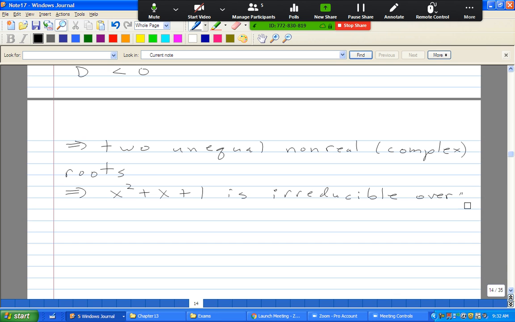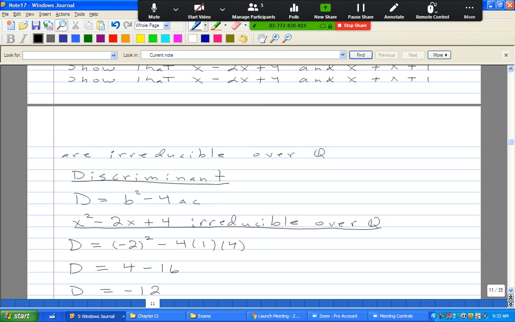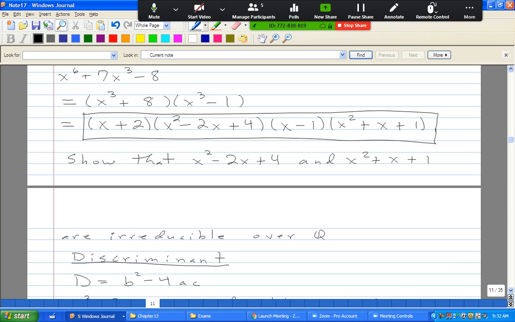Therefore, what I wrote previously completely factored the original. There it is. So this is a complete factorization of my original polynomial over the rational numbers.